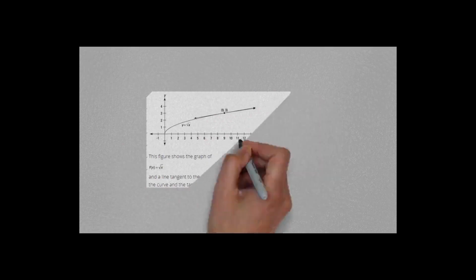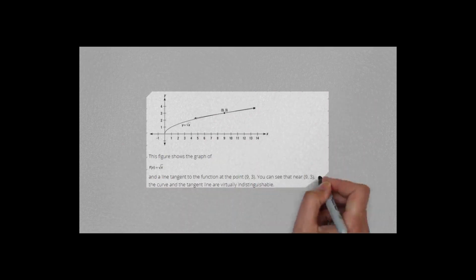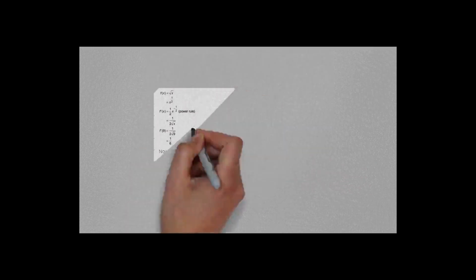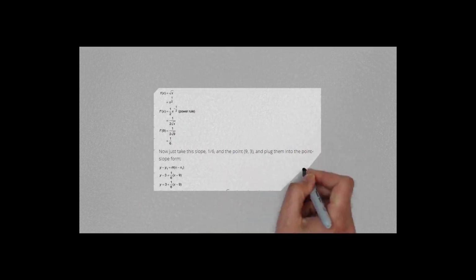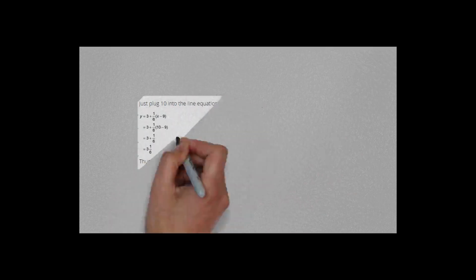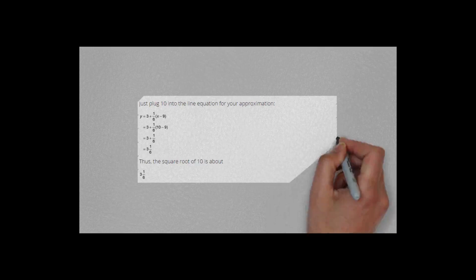This is the type of question that we can see. f(x) is equal to root x. And we can take the derivative, f prime of x, and we can see that at the point (9,3), that's the result. Since (9,3) is pretty close on the tangent line to the point x equals 10, we can use the approximation of root x for x equals 10. That's it.